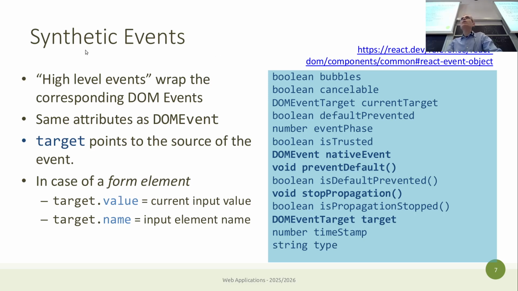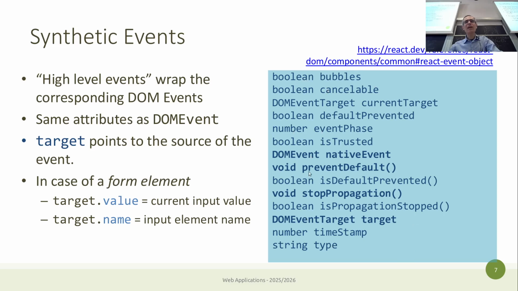Okay, so synthetic events, those handled by React, wrap the corresponding DOM events, but we don't really care too much, apart from the fact that they have the same name, so it's easy to use them. Actually, they have the same attributes as the DOM event, but it's not the DOM event, it's a React event.